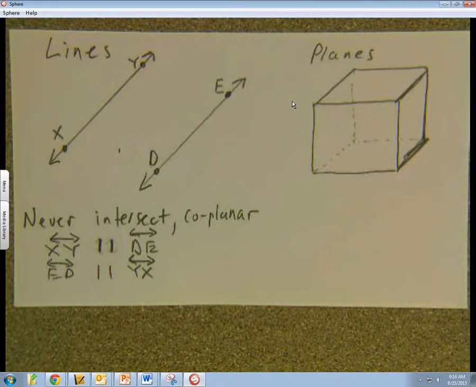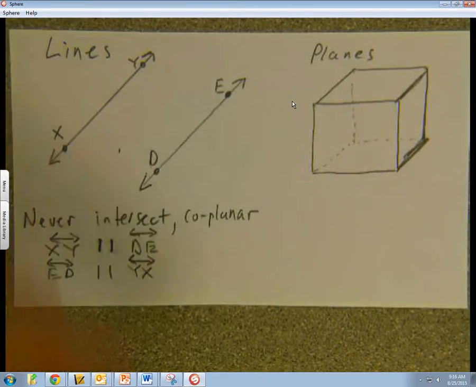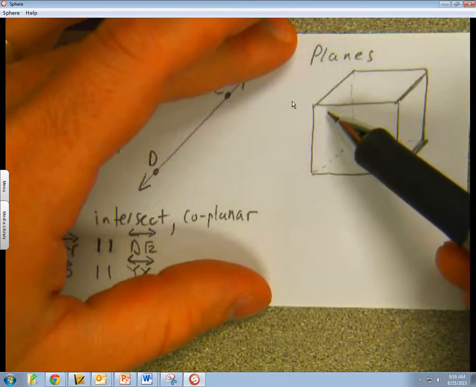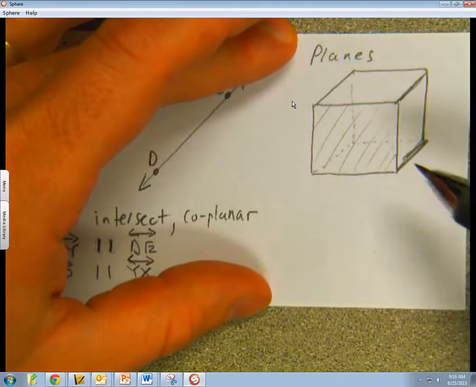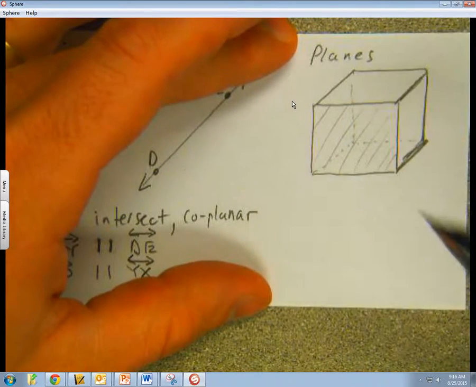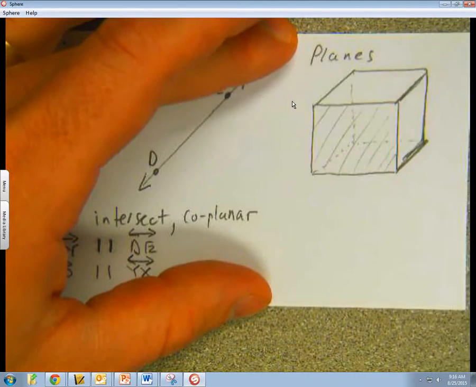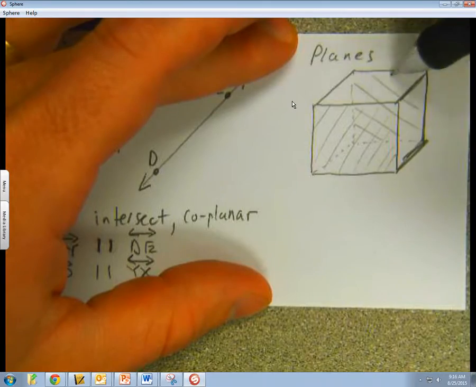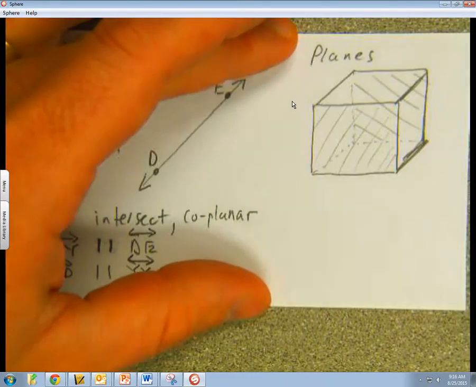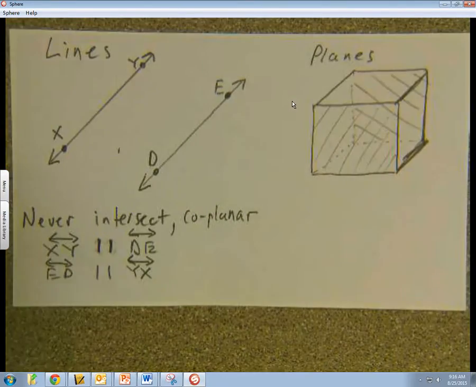So, planes. I'm going to shade this front plane in, and then I'll shade the other way this rear plane in. Those two planes, the front and the back, are parallel.